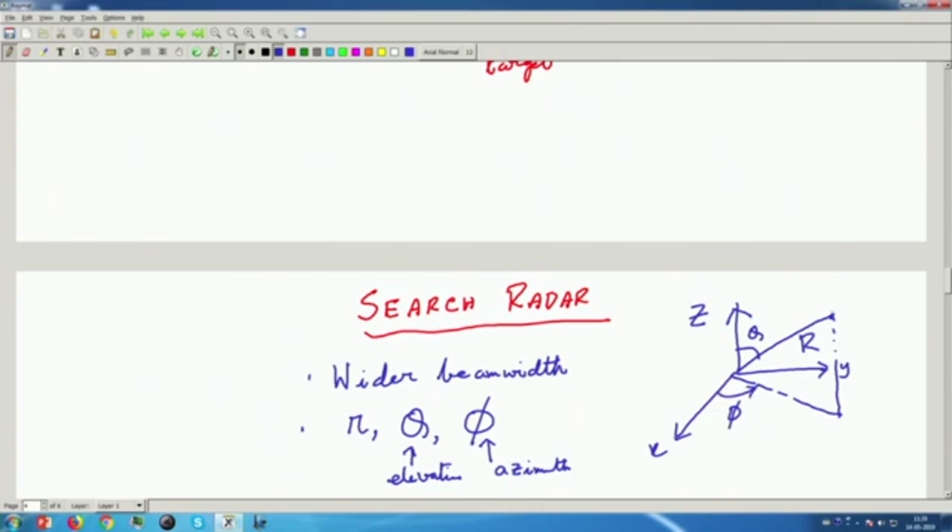If you give that, this point P gets uniquely fixed in space. So, this azimuth and elevation need to be specified by the antenna.